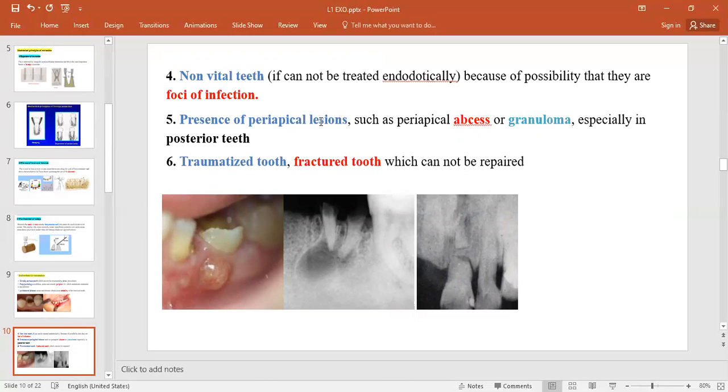Presence of a periapical lesion, such as a periapical abscess, as you see here. If there is a periapical abscess or granuloma, especially in the posterior teeth, we must extract the tooth. Traumatized tooth: if we have a tooth fractured in the cervical part or another area, and the tooth is mobile, we must extract it.